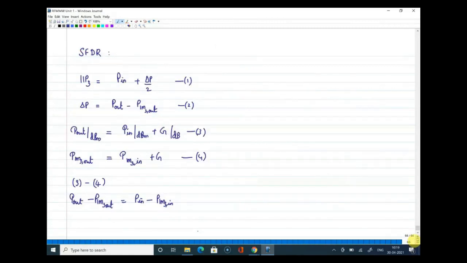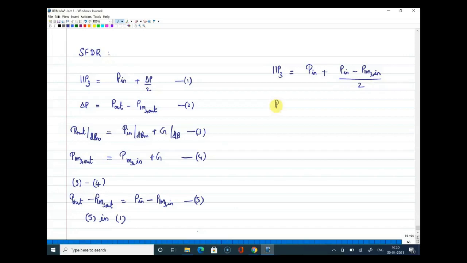So I can write roughly P out minus P IM3 out equals P in minus P IM3 in, and if I put this as number 5, and substitute 5 in equation number 1, I can write this further as IIP3 equals P in, the input power, plus delta P, which is actually P out minus P IM3 out, that can be roughly equated to P in minus P IM3 in, divided by 2. All right.